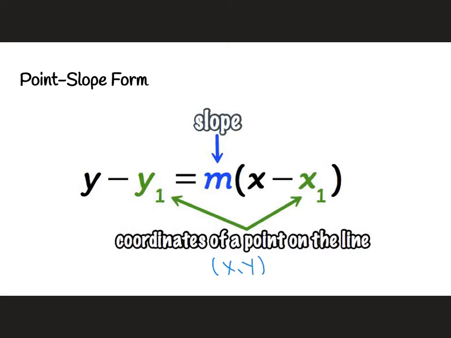So this would be x1 right there, and then y1 right here. So we've got y minus y sub 1, so that's our point y, equals m, or the slope, times the quantity x minus x sub 1.